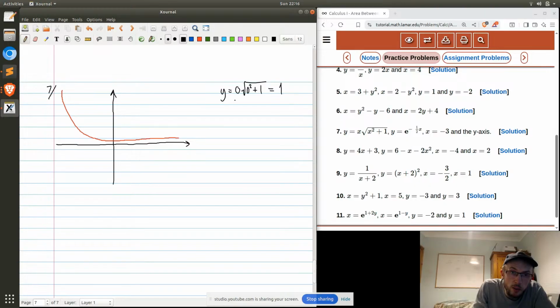So 0, 1. Whereas when you plug in 0 here, you get 0, 1 as well. And that's going to increase and go past that guy. I don't know what the curve will look like exactly, but I think something like this.